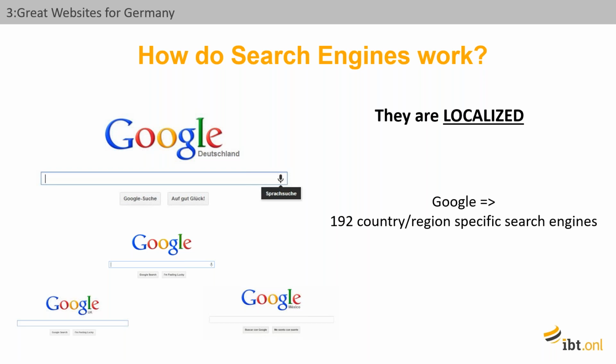So if you're sitting in the States and you just put a German page onto your US website, Google will not treat that as a very relevant website for someone sitting in Germany. You're basically invisible for someone sitting in Germany. So I want to put that out there. That's really what we're talking about when we're talking about localized websites. Google, by the way, has over 90% market share in Germany, like most of Europe.